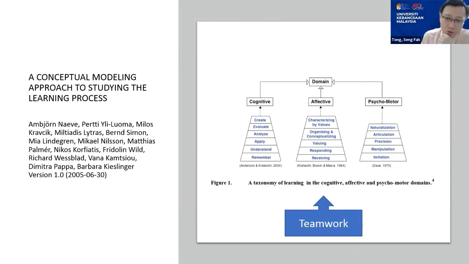In the affective domain, a lot of it is about receiving something new. How do we respond to that? How do we value those things, concepts? And later on, characterize those values in ourselves so that in our future work, we will carry these values and goals with us. It is really focusing on affective, not so much cognitive and not so much psychomotor.